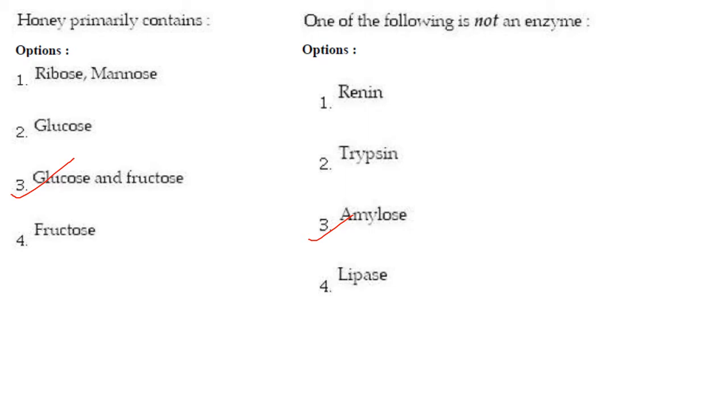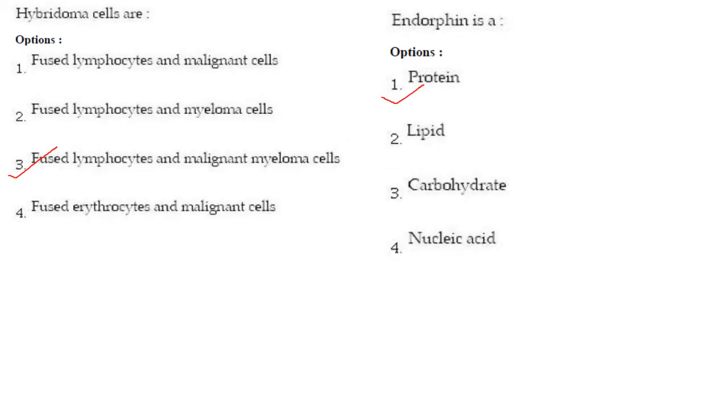Answer is 3. Next one, hybridoma cells are option 1 fused lymphocytes and malignant cells, option 2 fused lymphocytes and myeloma cells, option 3 fused lymphocytes and malignant myeloma cells, and 4 fused erythrocytes and malignant cells. Answer is option 3 fused lymphocytes and malignant myeloma cells.